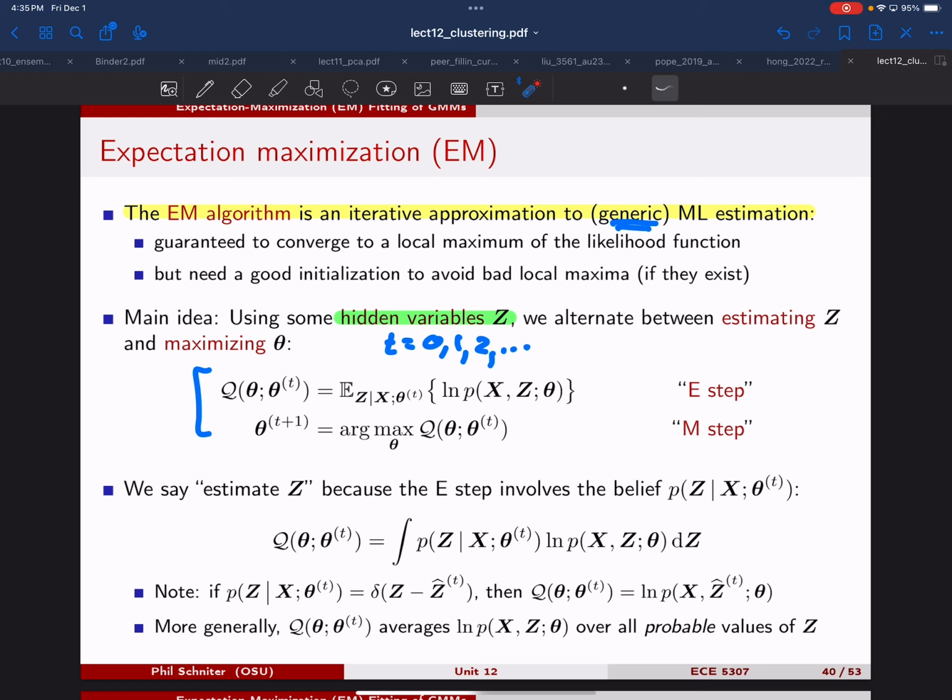Okay, so essentially, this expectation manifests as an integral where you're averaging this over this probability distribution here. So that's sort of how the Q function is built.